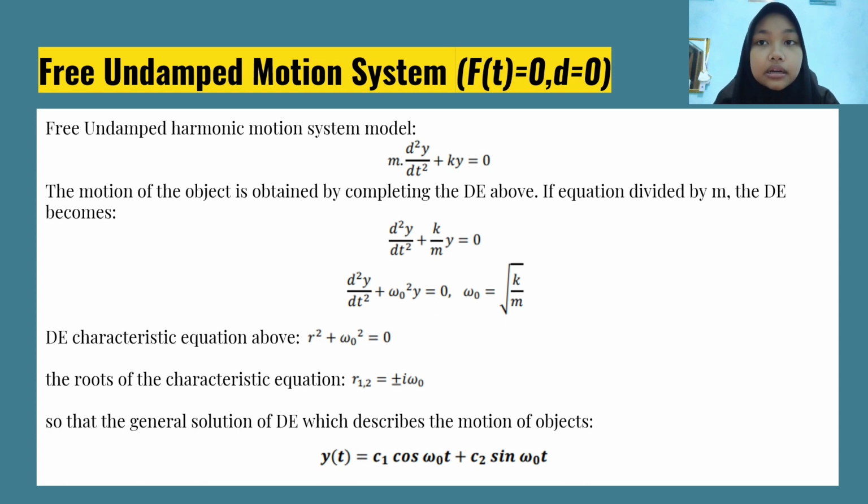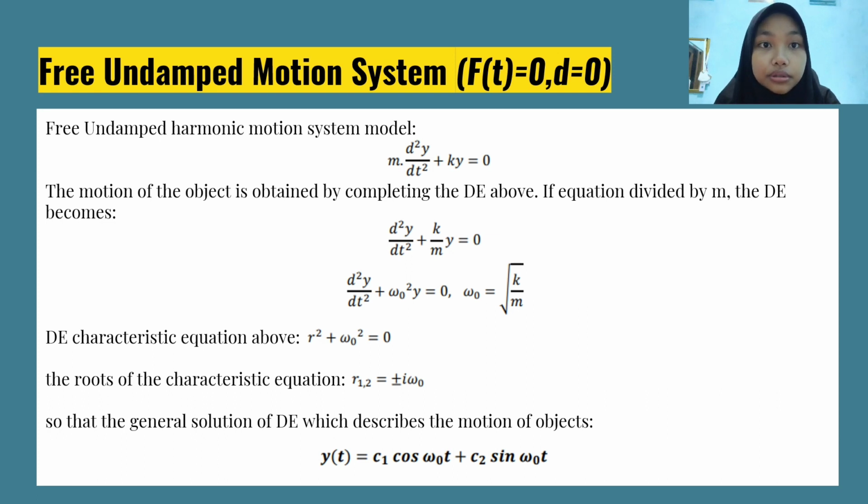From this we get the characteristic equation r squared plus omega 0 squared equals 0. Then the roots of the characteristic equation are r1,2 equals plus or minus i omega 0.